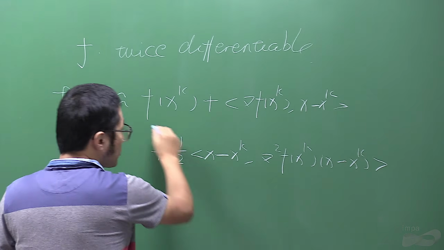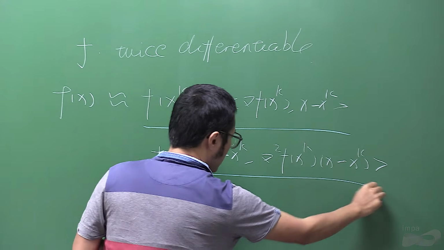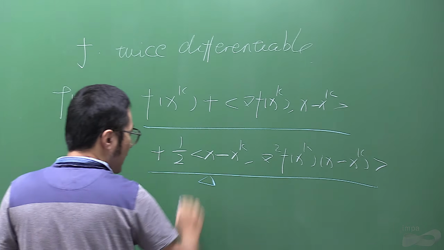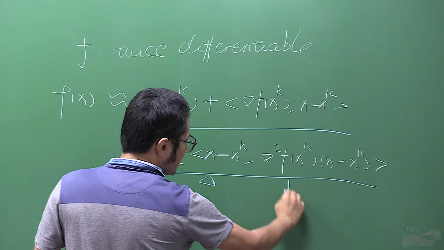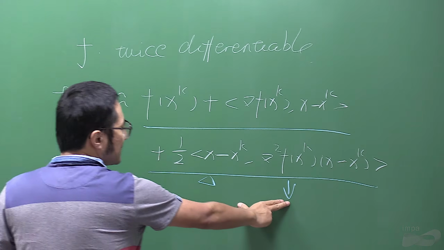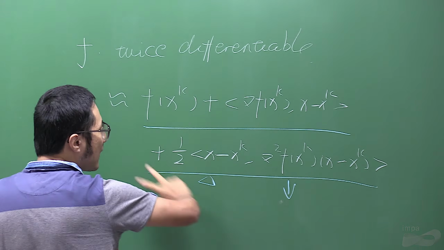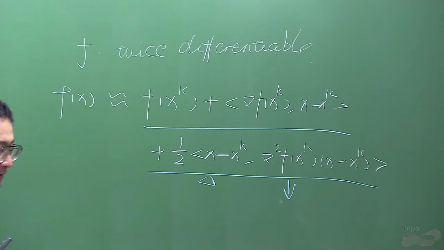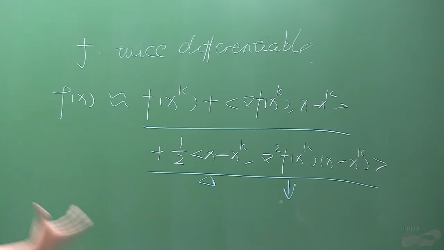So this is a quadratic function with respect to variable x. If we assume this Hessian is positive definite, this function is a positive quadratic function, and the corresponding graph is the ellipsoid.